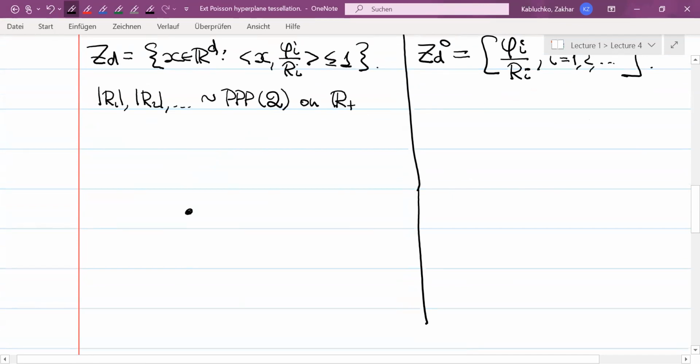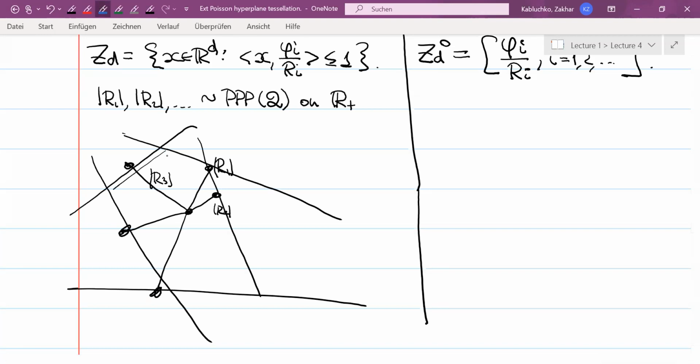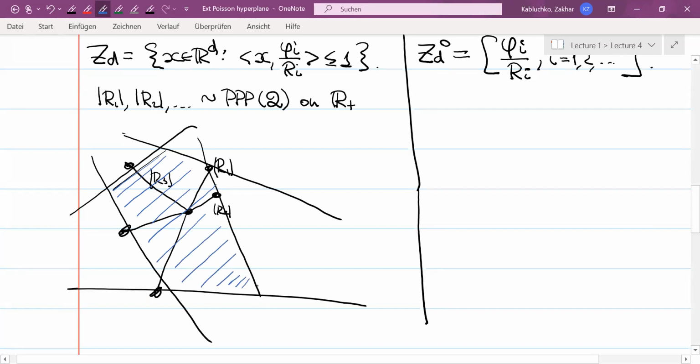And so we have R1, the smallest distance, R2, the second smallest, R3, the third smallest, and so on. And then we have these hyperplanes, and their intersection is the Poisson zero polytope.